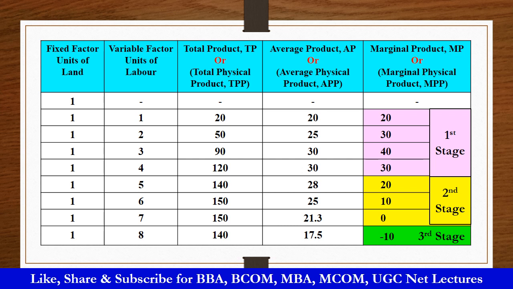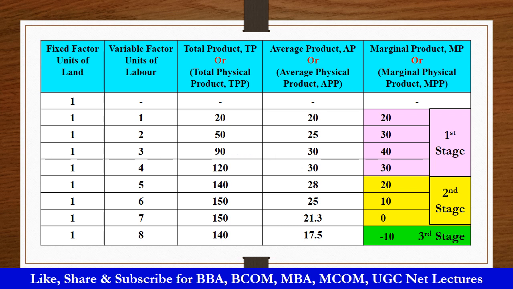We will discuss this law of variable proportions by taking the following example. In this case, land is the fixed factor and labor is the variable factor. And total product or the total physical product is given. We will calculate the average product and the marginal product.